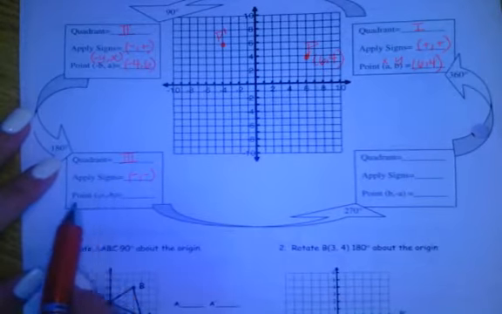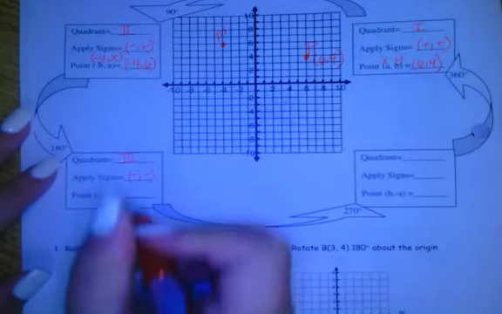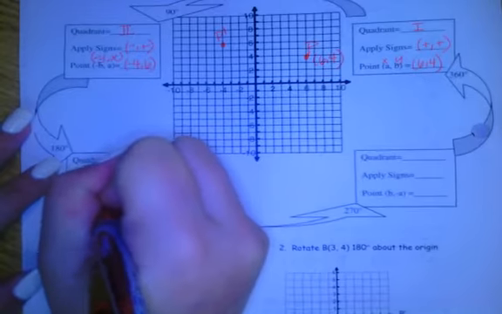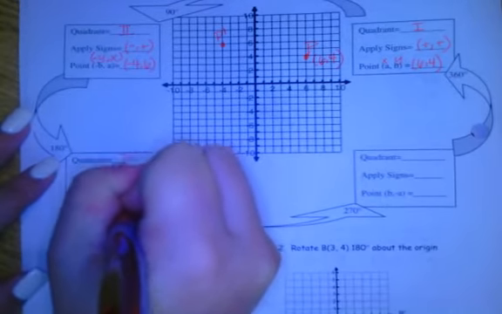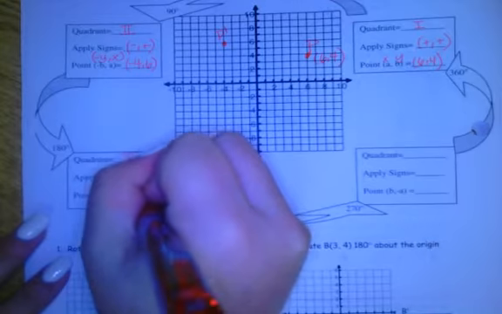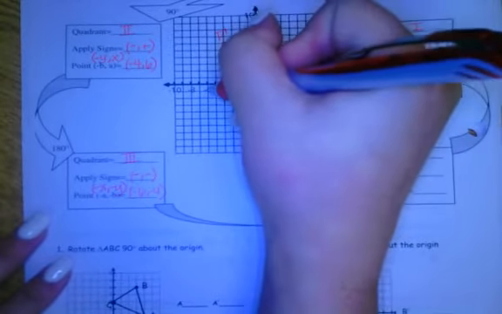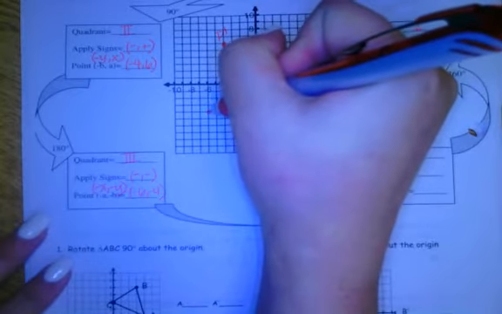Okay, looking at our reference down here, what is it going to be in terms of X and Y? Opposite X and opposite Y, or negative X, negative Y. So where is point P double prime going? Negative 6, negative 4.